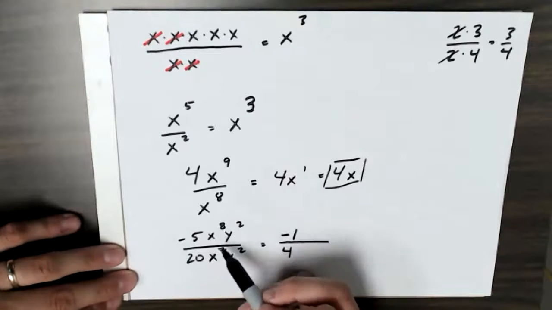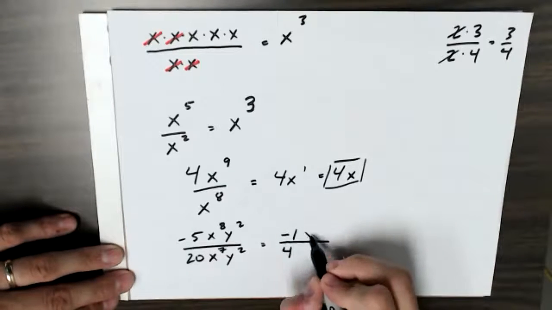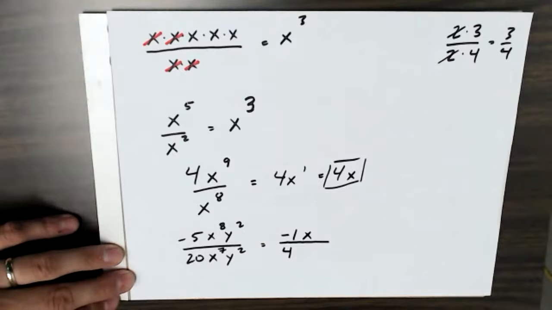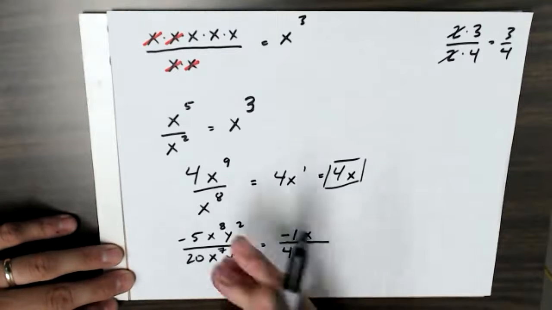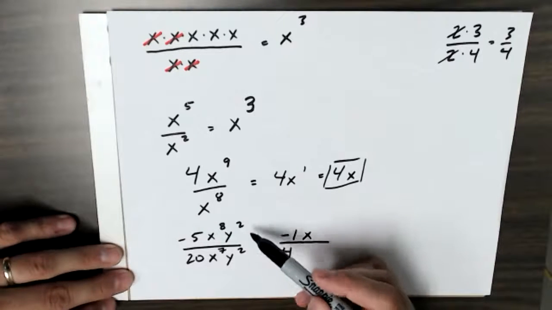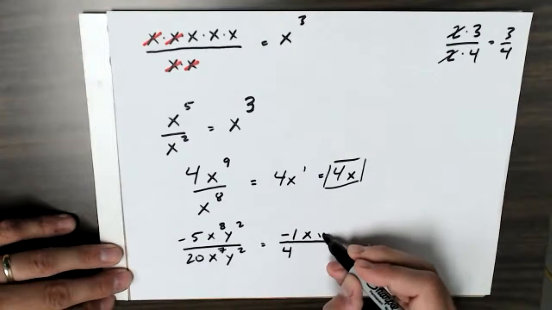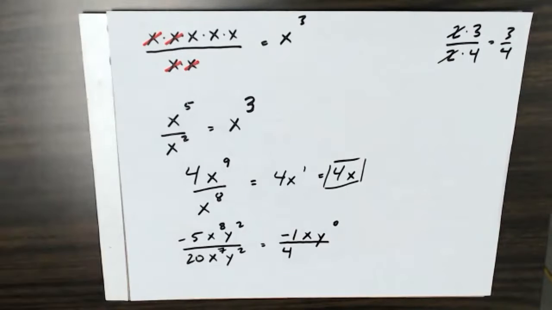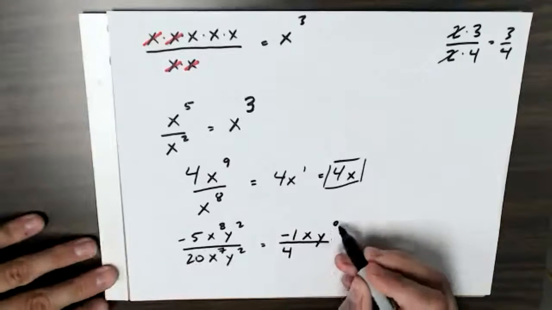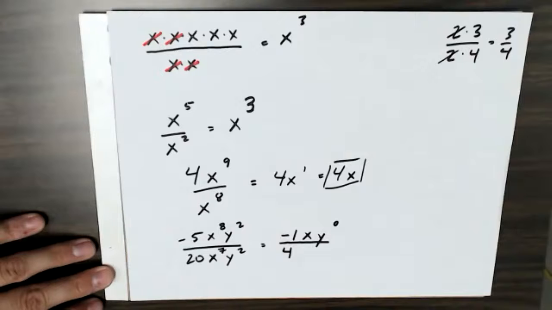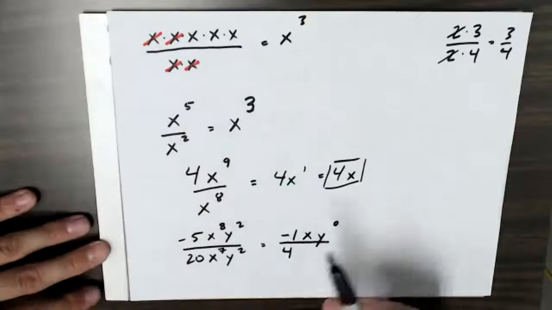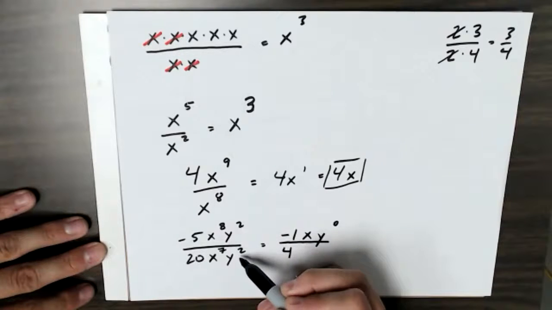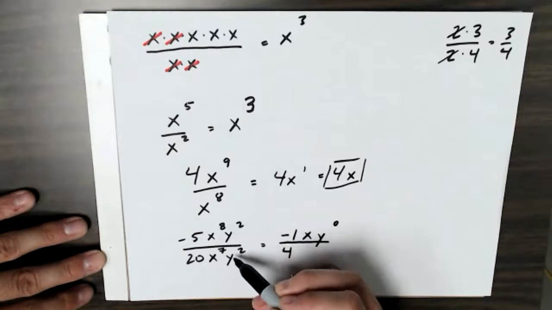Now let's look at the x's. We've got 8 x's on top, 7 on bottom. That's going to leave me with 1 x on top, right? Y's are a little different though. What's 2 minus 2? 0, right? Now this is the next rule on this page. Actually, it's the rule before the quotient rule. And it says, look, anything raised to the 0 is just 1. And we've kind of shown why that's true here. Look, y squared over y squared, these are the exact same number, right?